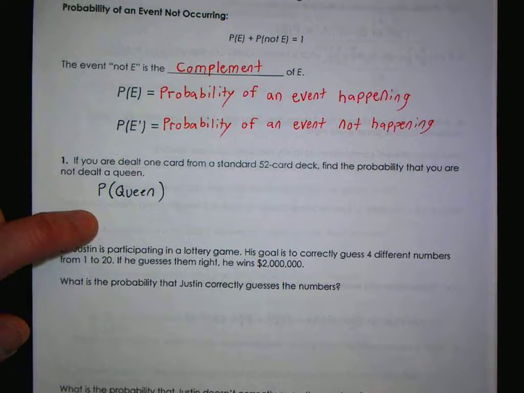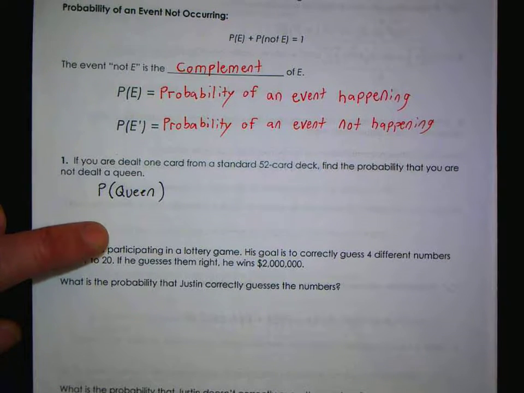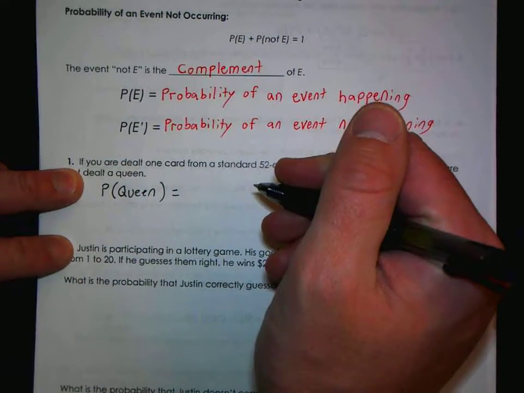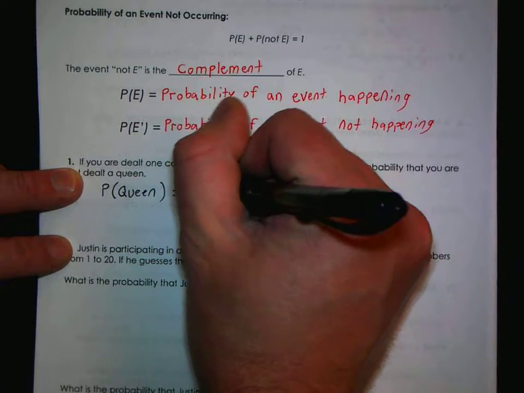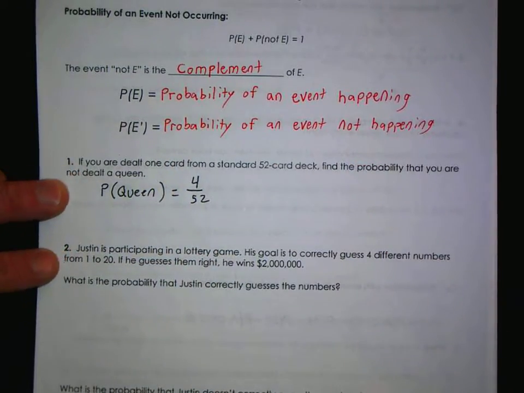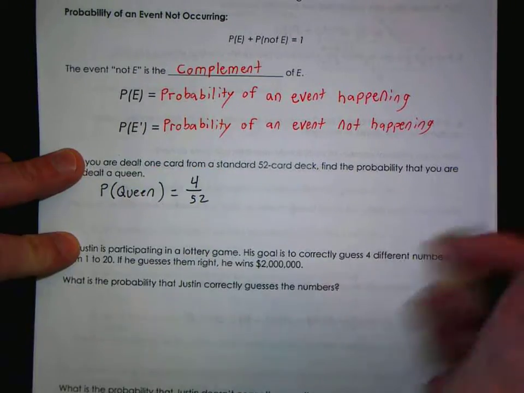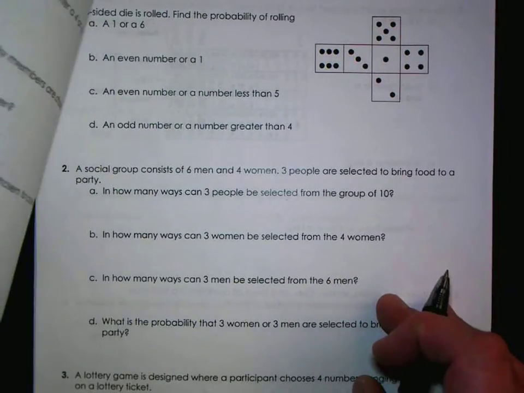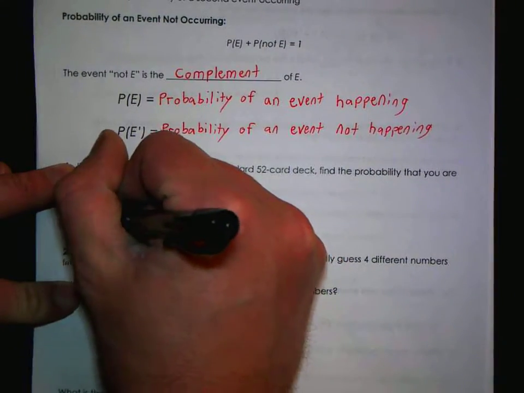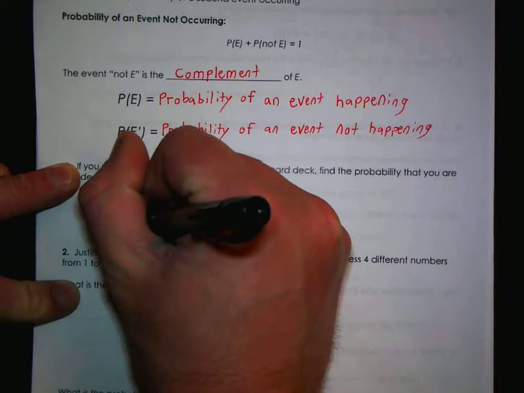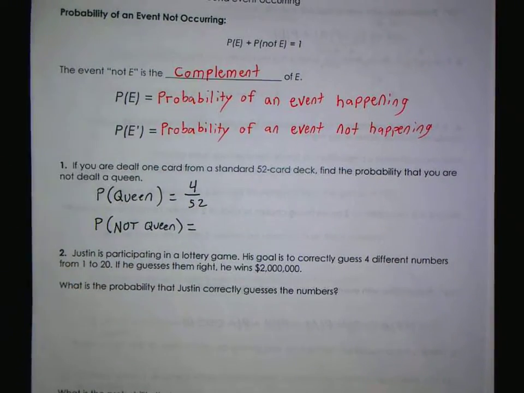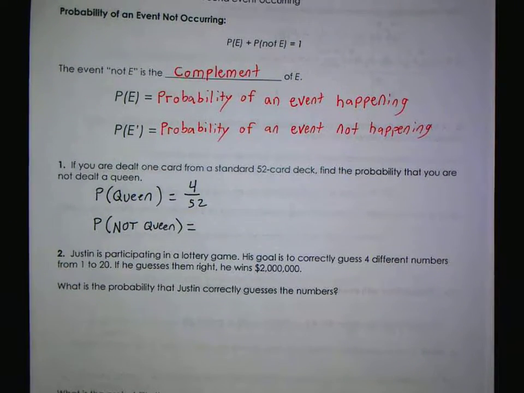What did you say, Christina? Okay, so you already got it, but the probability of a queen would be, how many queens are there? 4 out of 52. So then the probability of not a queen: if only 4 out of 52 of those cards are queens, then that means how many cards are not queens? 48, right?